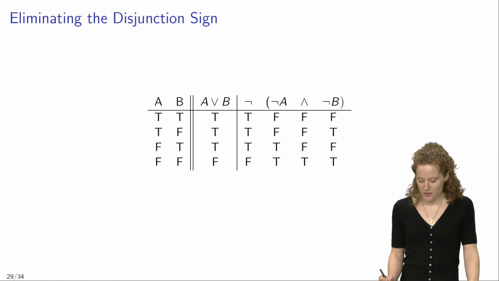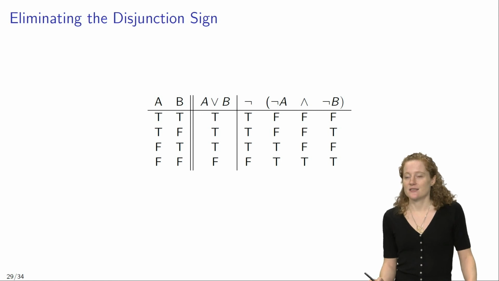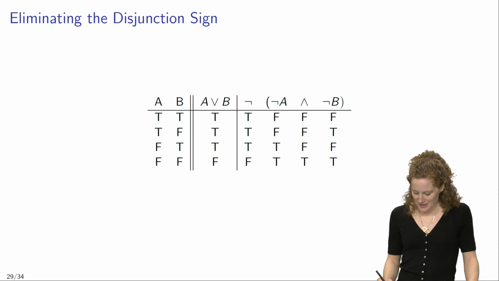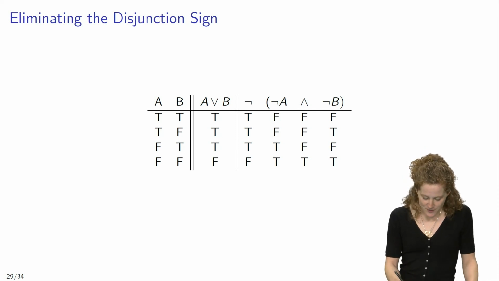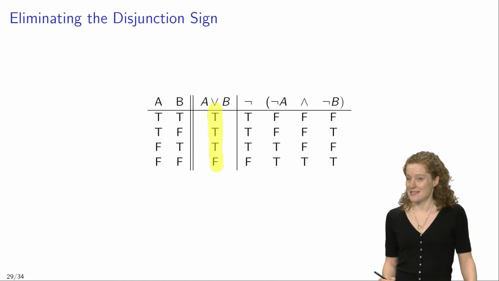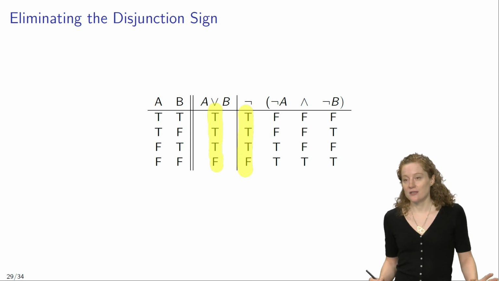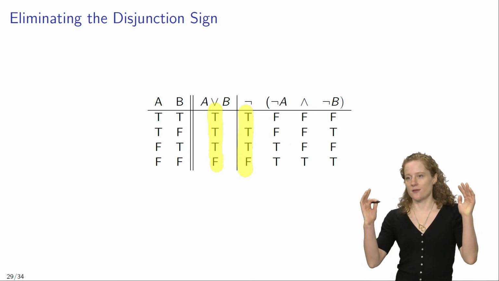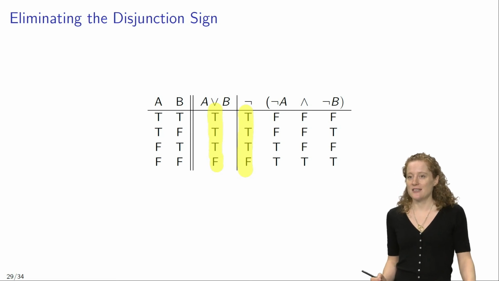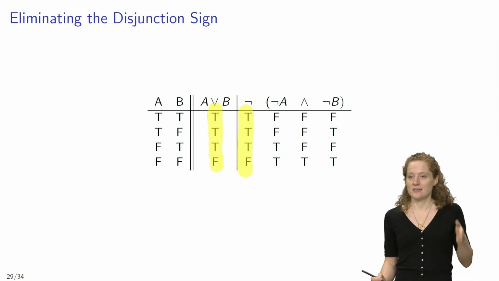Here you see the joint truth table for the two sentences A or B, and it is not the case that not A and not B. The main connective of A or B, of course, is the disjunction sign, and the main connective of the second sentence is the negation sign, which negates the conjunction within the brackets. And you can observe that the pattern of T's and F's under these two connectives is exactly the same. It's T, T, T, F.